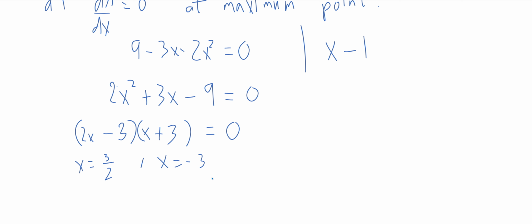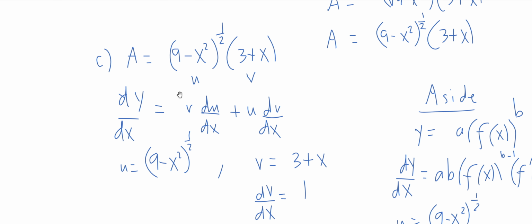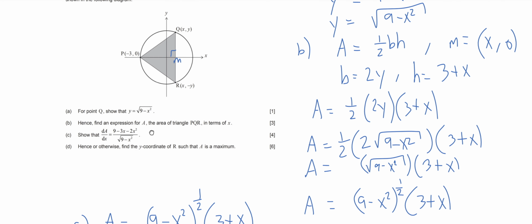So we're going to go back and have a look at the diagram to see which one of these gives us a maximum value of A. So either 3 over 2 or minus 3. So going back up. Okay, so we'll start with minus 3.